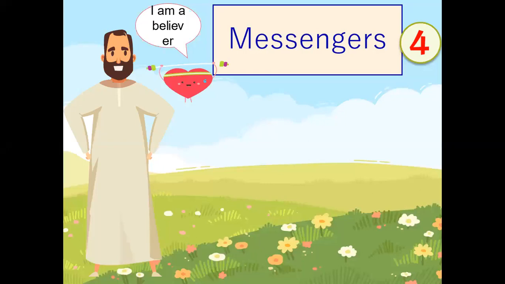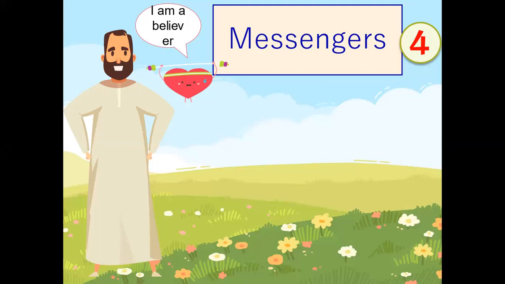So we have mentioned the 6 pillars of faith and what is meant by a pillar, and that the 6 pillars of faith are the main support and the main thing that's supporting your faith, and the faith is the thing that you believe in.